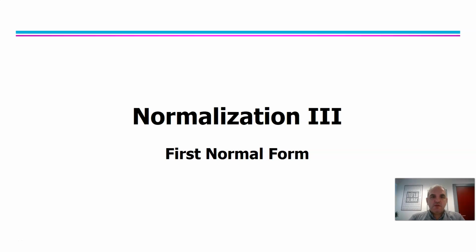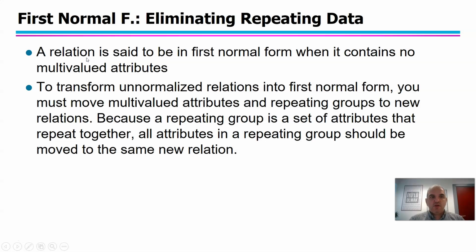After converting the existing report or the data into unnormalized form, the first step is to convert this unnormalized form into first normal form. So, in first normal form, the main point is to eliminate the repeating data.